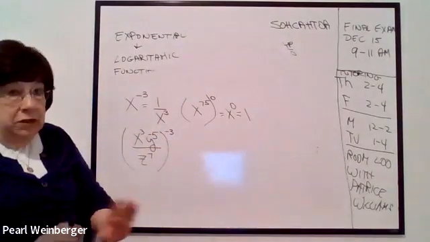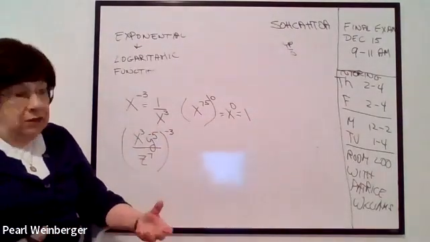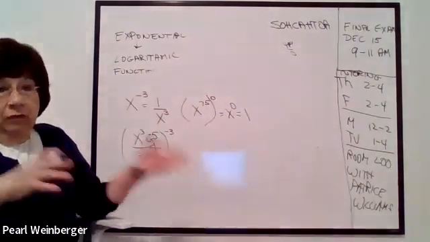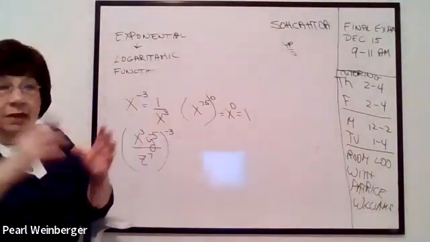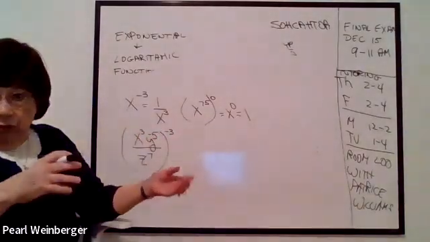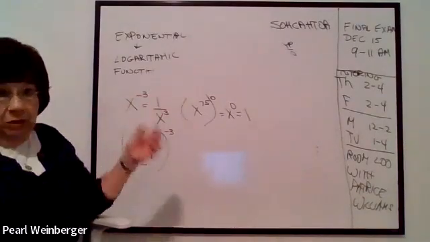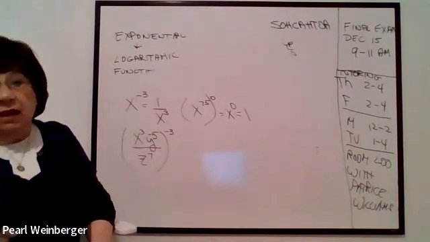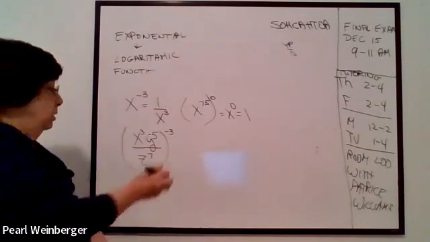Now, all the rules that I told you about before that have to do with exponents, when you have two numbers with the same base and you're multiplying them, you add the exponents, etc. And if you have an exponent on the outside, you distribute it, etc. That all works, even if the exponents are negative exponents.